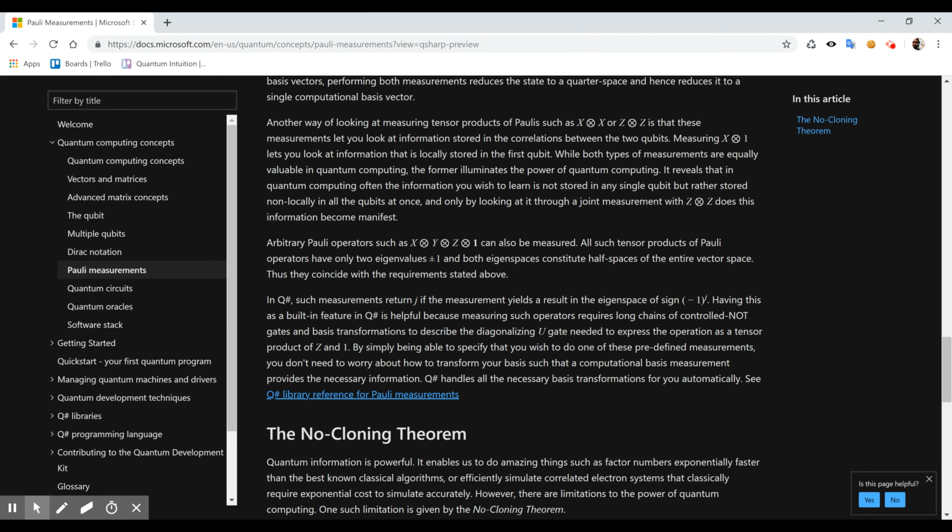Basically, a long chain of controlled-NOT gates and basis transformations to diagonalize the U gate, says the operation as a tensor product of Z and 1. By simply being able to specify that you wish to do one of these predefined measurements, you don't need to worry about how to transform your basis such that a computational measurement provides the necessary information.